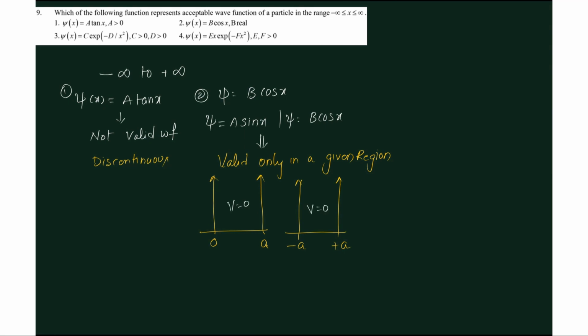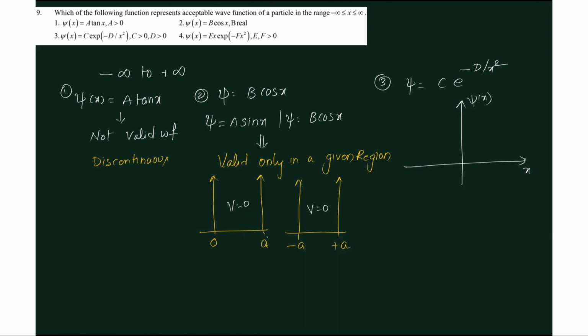So sine and cos are valid only for given boundaries or a given region, not for minus infinity to plus infinity. Next, the third one, psi equal to c e raised to minus d by x square. First let us draw the wave function. This is the x-axis and this is psi.